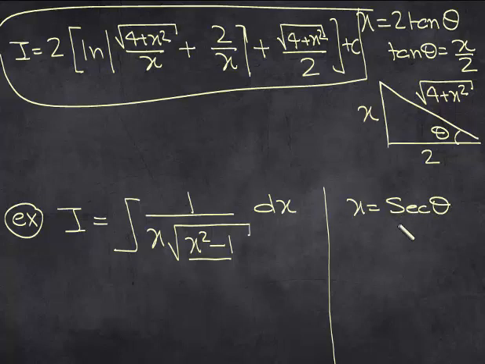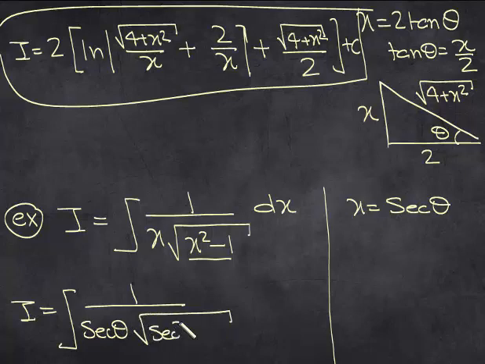So we get secant theta tangent theta d theta. Now, what is this radical going to simplify to? What is the identity? Secant squared theta minus 1. What is that equal to? Tangent squared, and that just gives you tangent again. So that radical just cleans up nicely.